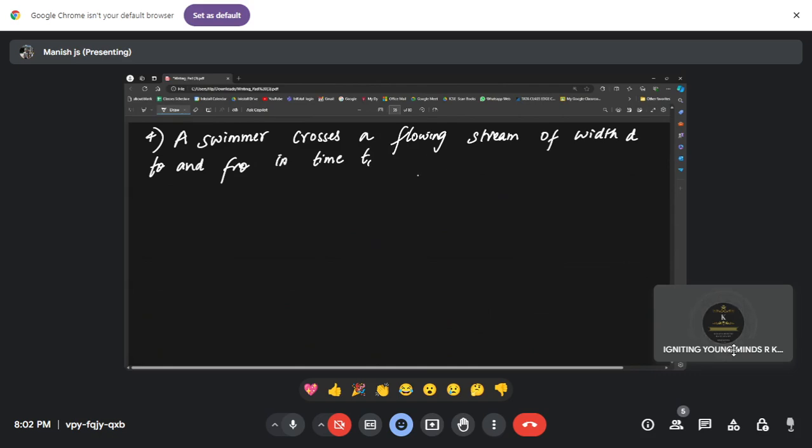The time taken to cover the same distance up and down the stream is t2.